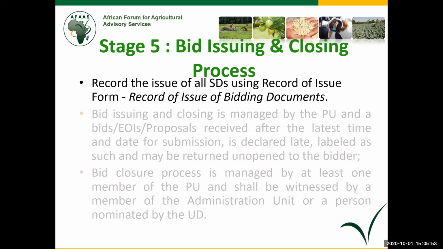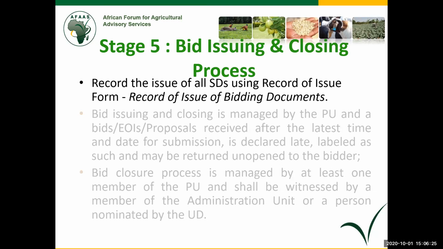Bid issuing and closing process, which is stage 5. Here, you are supposed to record all the documents that you issue out, for example, the bidding documents, in the record of issue form. Incidentally, because we are now working across boundaries, across several countries, there is no way people will come to your unit to look for the document themselves.